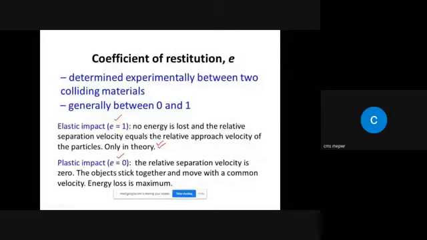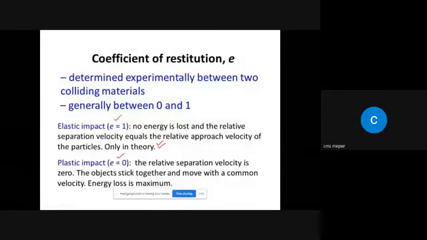Usually, in examples or problems, the coefficient of restitution value that you will observe will be between 0 and 1. Okay, sometimes in literature, you may come across a coefficient of restitution value greater than 1. So the question arises: how can it be greater than 1?